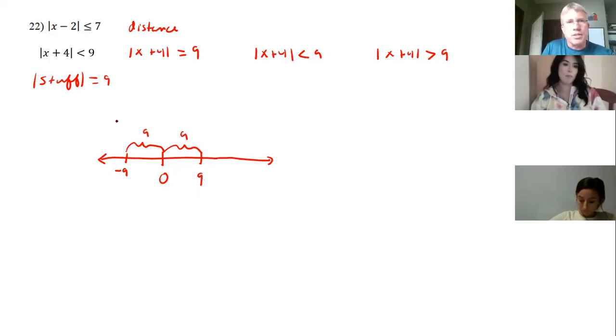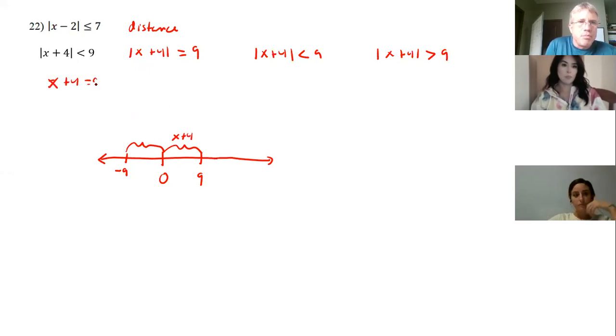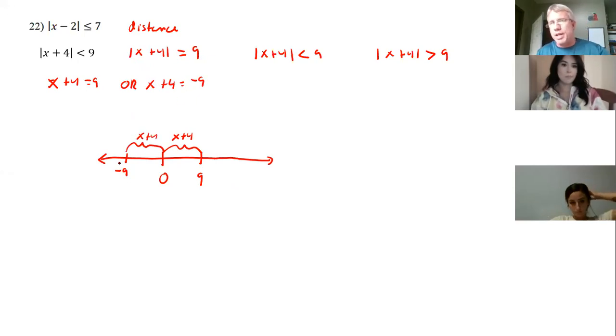That's why you get two answers when we solve these. You say, I need the stuff to be 9 units away from 0. So if I have this, I'm saying x plus 4 needs to be a distance of 9 from 0. What does x plus 4 need to be? Either x plus 4 needs to be 9, because then it would be a distance of 9 from 0, or x plus 4 has to be negative 9, because negative 9 is a distance of 9 units from 0.